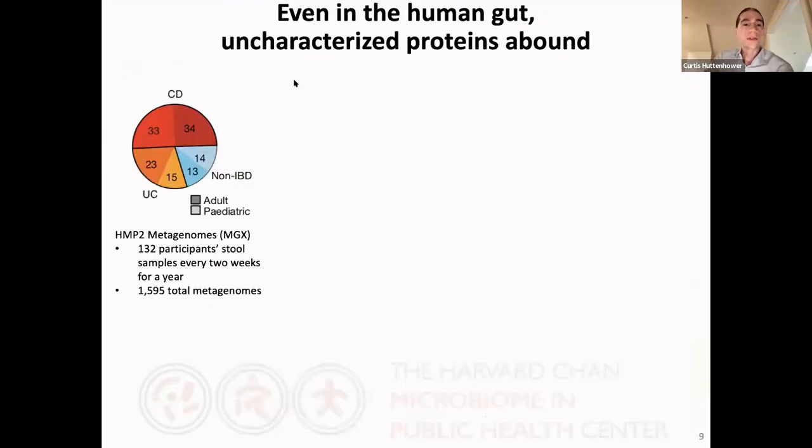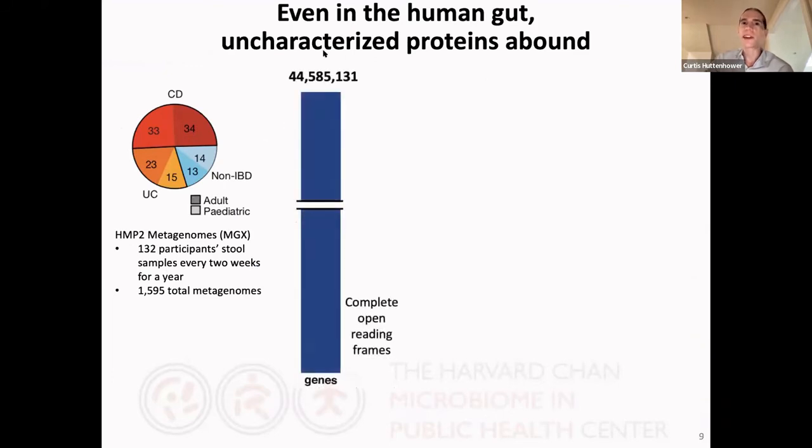So again, I won't have time to talk about a lot of the details, but in another example application of Metavibla to the HMP2 dataset, again, inflammatory bowel disease patients and controls, these are really well-characterized human gut microbiomes, but even there's a surprising amount of uncharacterized proteins with potential bioactivity and relevance to human health.